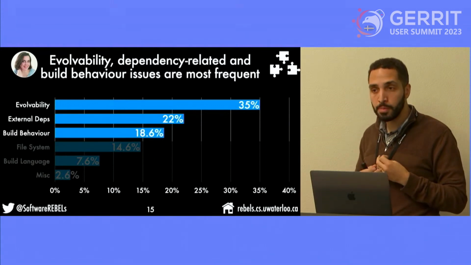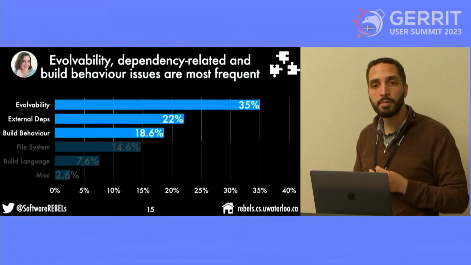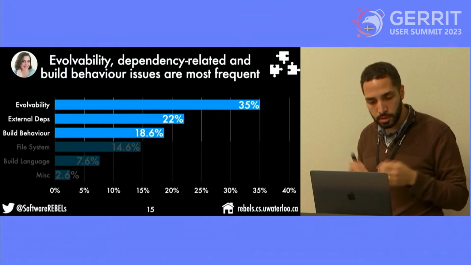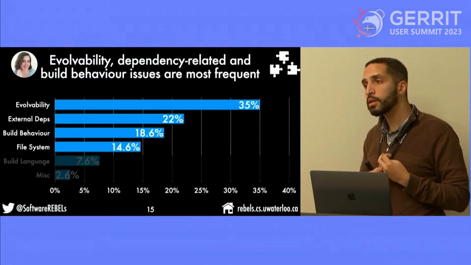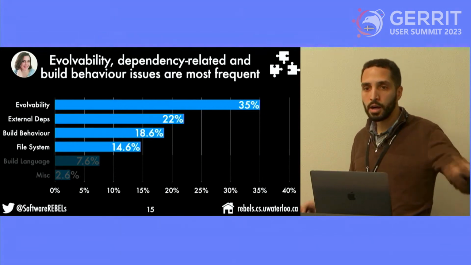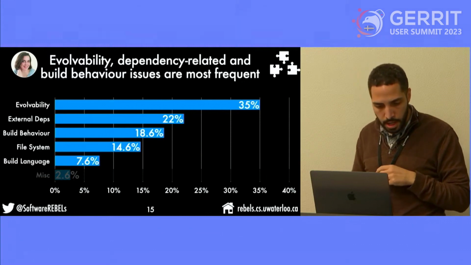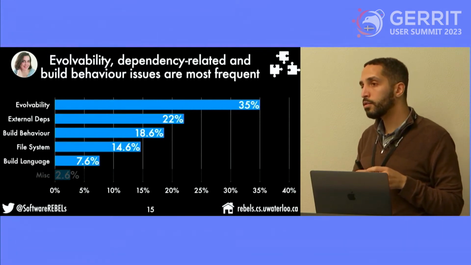It might be about the build behavior itself. So what is actually going to happen? Are we going to skip this or that step in this particular scenario? It might be about the file system configuration. This gets broken down into a logical and physical view of the file system. There are a lot of comments about the build language itself.